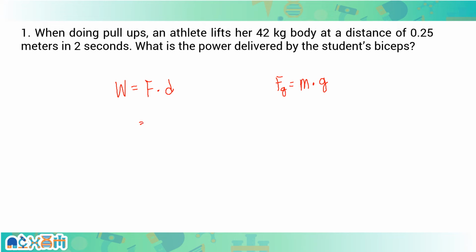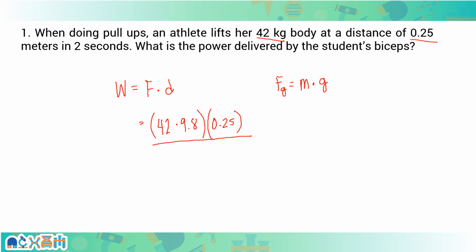So the force would be mass, which is 42 kilograms, multiplied by 9.8 meters per second squared, that's acceleration due to gravity, multiplied by the displacement, which is 0.25 meters.